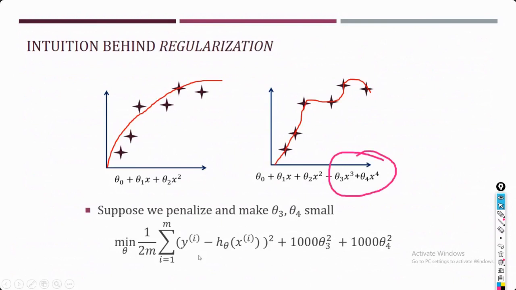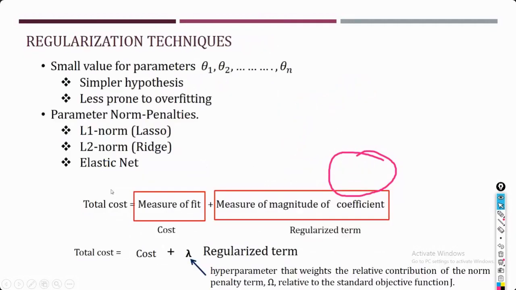Otherwise it will move towards the maximum value. So I will set this theta 3 and theta 4 to very small values. If I'm setting theta 3 and theta 4 to very small values, the contribution of this x3 and x4 will be very little in this case. So your model will be this one, and if the model is this one, you are going to get this same result. So that thing we are going to do in case of the regularization.